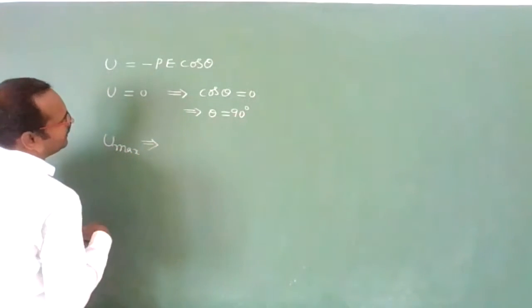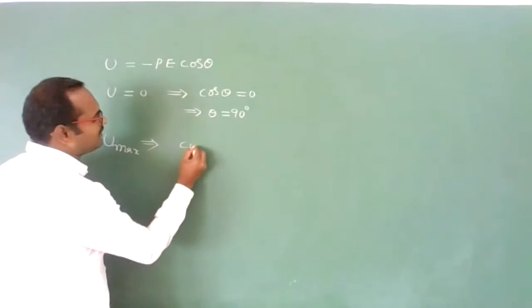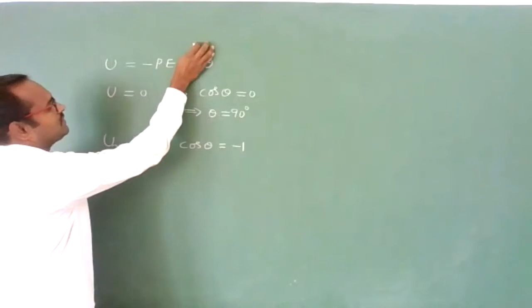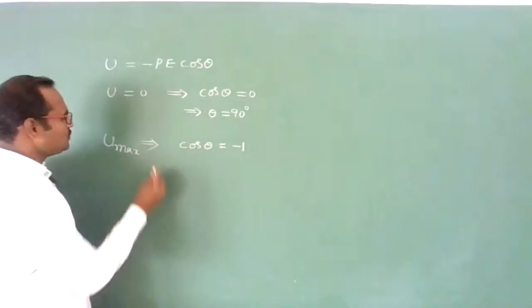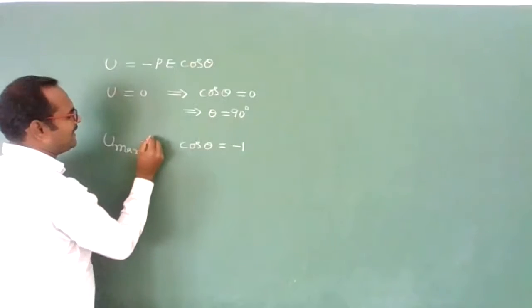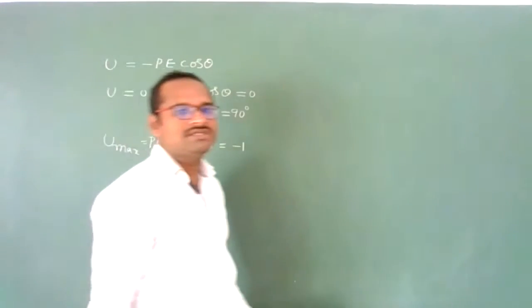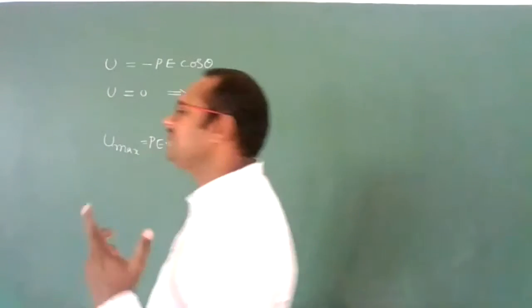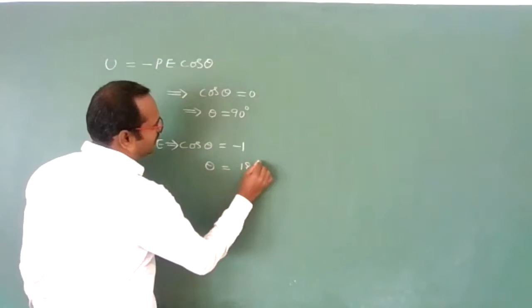When will it happen? Because there is a minus sign, this will happen only when cos theta is equal to minus 1. Minus of minus gives plus, so U maximum is plus PE, which happens only when cos theta is equal to minus 1, that is an angle of 180 degrees or pi radians.